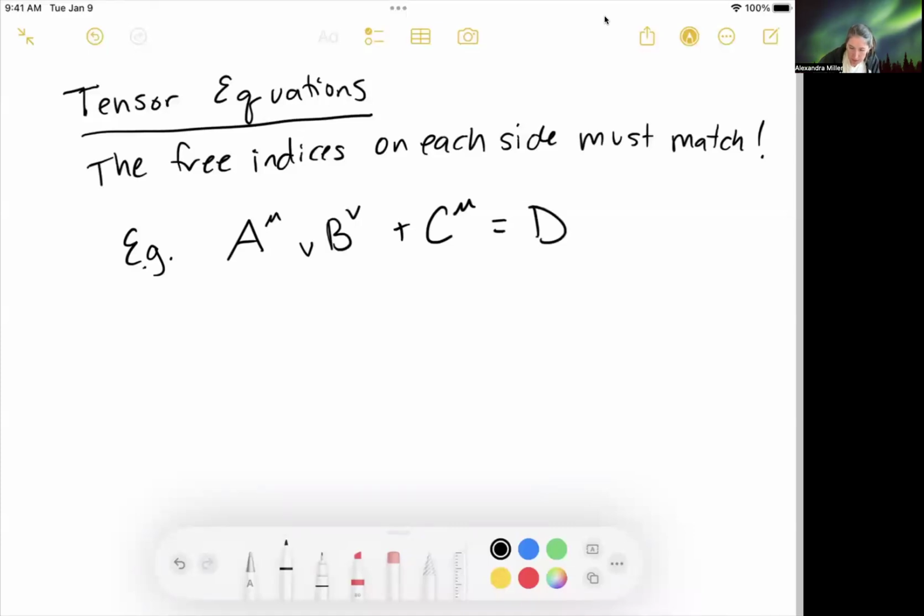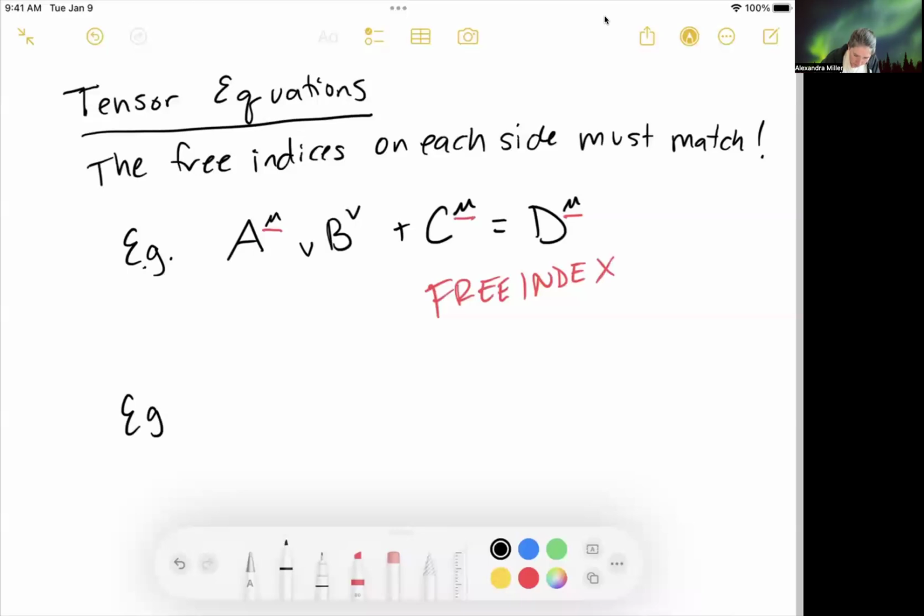And then maybe that's equal to some other thing, D mu, where notice we have the same free index showing up. So this is our free index. The same free index shows up in each term. And then the only other index we have is that bound index, the nu, which is summed over.